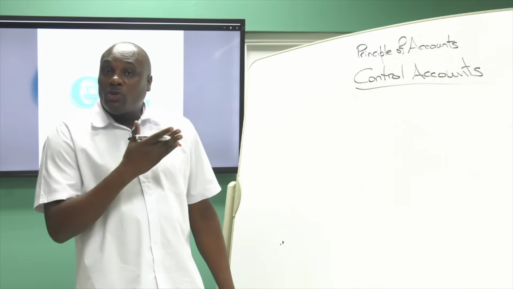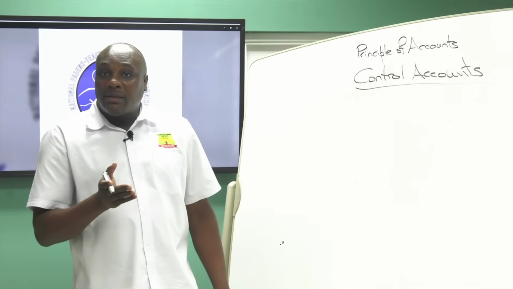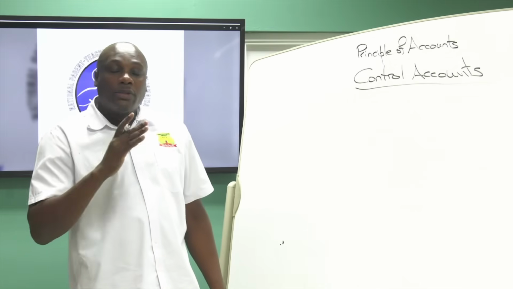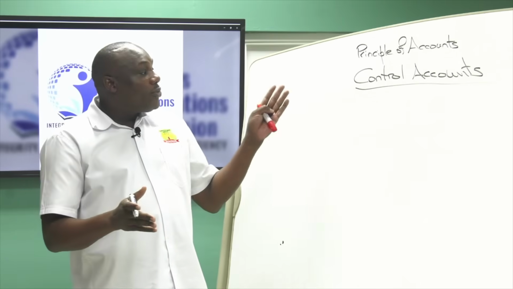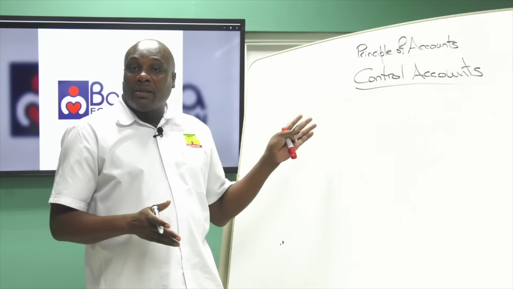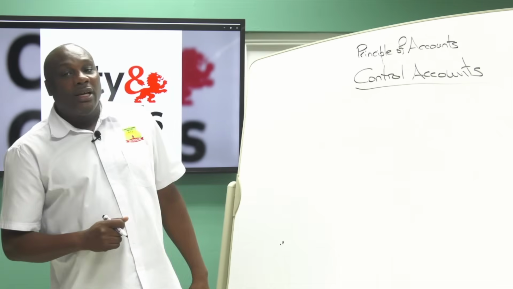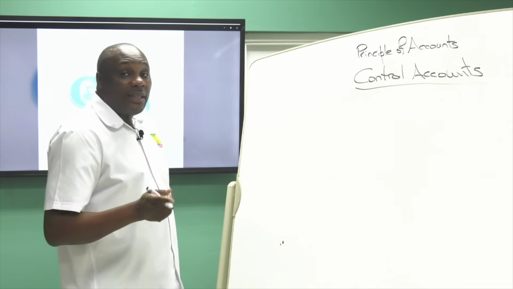So that's where your total debtor will be extracted from. Whereas your purchases ledger is where you record your creditors. That's where they extract the total creditors from.